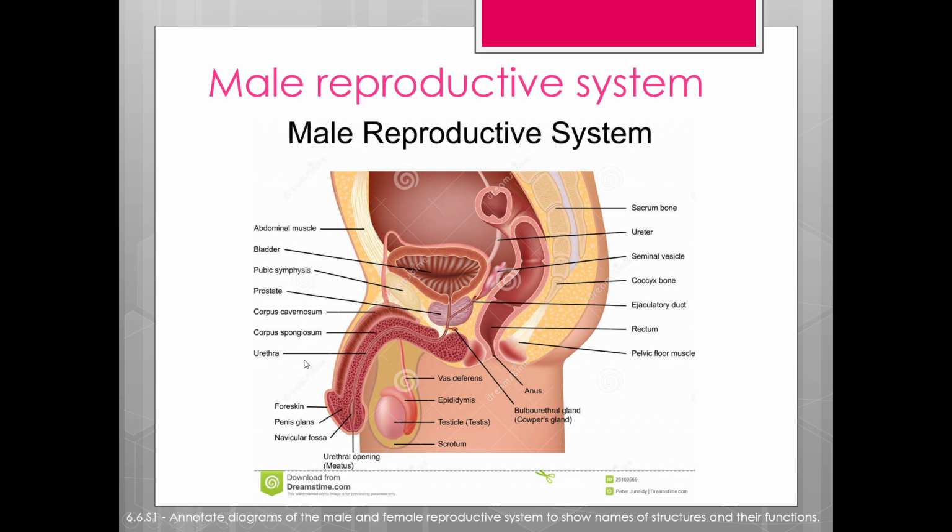So once more, the parts which you should be able to recognize and name are the penis, testis, epididymis, vas deferens, seminal vesicle, prostate gland, Cowper's gland or bulbourethral gland, ejaculatory duct, and urethra.